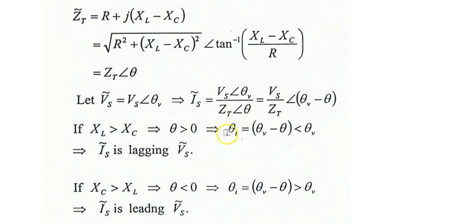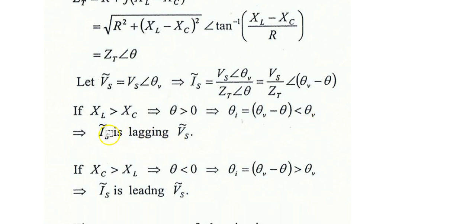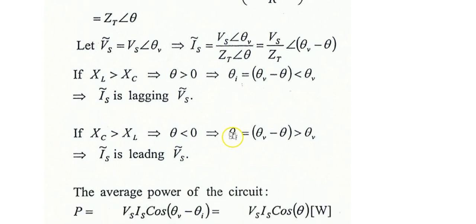Then the phase angle of the current will be less than the phase angle of the voltage. We say that the current is lagging the voltage, as in the inductive circuit. However, if the other way around, the capacitive reactance is greater than the inductive reactance, the reverse is true, and we say that the current is leading the voltage.